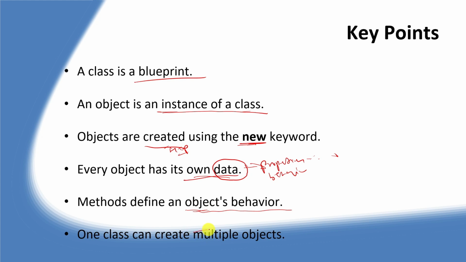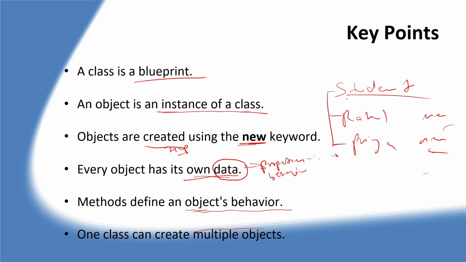We have seen the example: Student was a class and we created multiple objects from it, Rahul and Priya. Using the new keyword we can create any number of objects with the same class, same template, same blueprint. That's why in the definition we say blueprint.